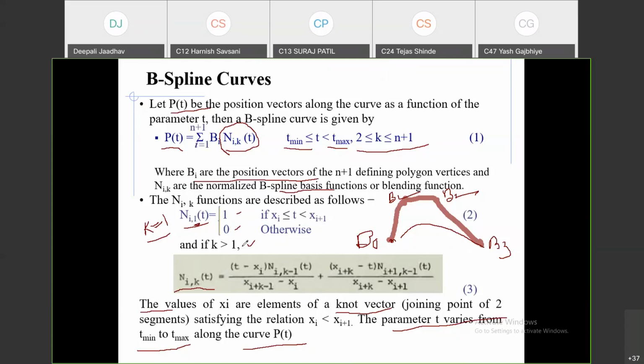And when k is greater than 1, from 2 to n plus 1, this function is used. Here xi are the elements of the knot vector, meaning the joining of two segments, where the relation xi is less than xi plus 1 is always satisfied. The parameter t varies from t min to t max along the curve.